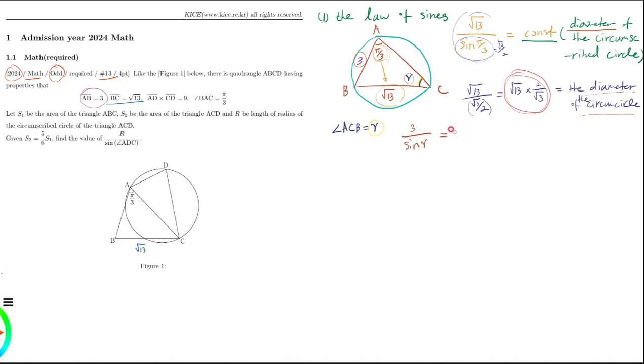The diameter is square root of 13 times 2 over square root of 3. So if you arrange this term, you get the sine value of this angle gamma, which is 3 times square root of 3 over 2 times 1 over square root of 13. Okay.